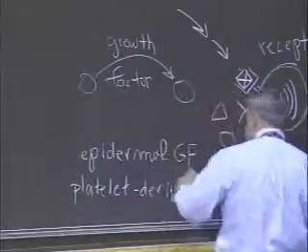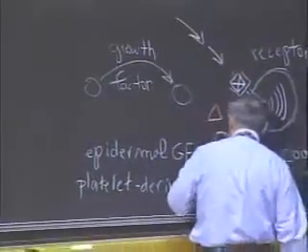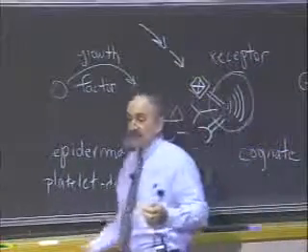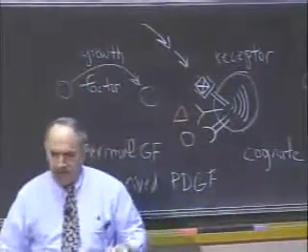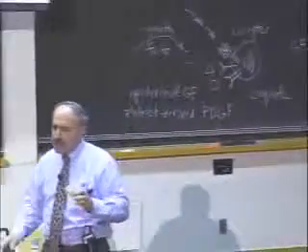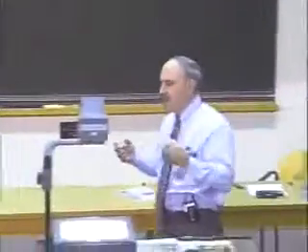So we have EGF, we have PDGF, platelet-derived growth factor, and in fact there's actually 30 or 40 other kinds of growth factors, and each one binds specifically to its own receptor. And so now we begin to understand that the signaling channels are actually very multiplexed. It's not just that one kind of growth factor can travel through intracellular space.